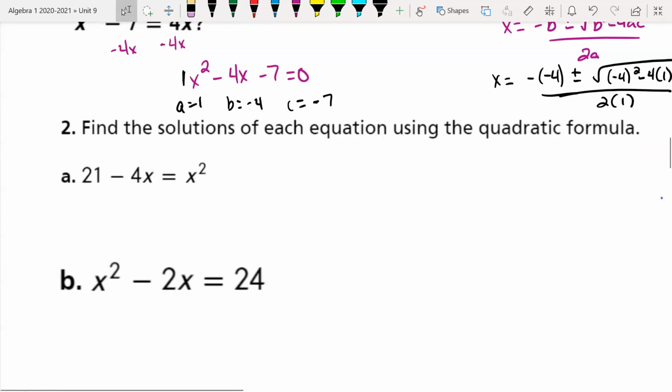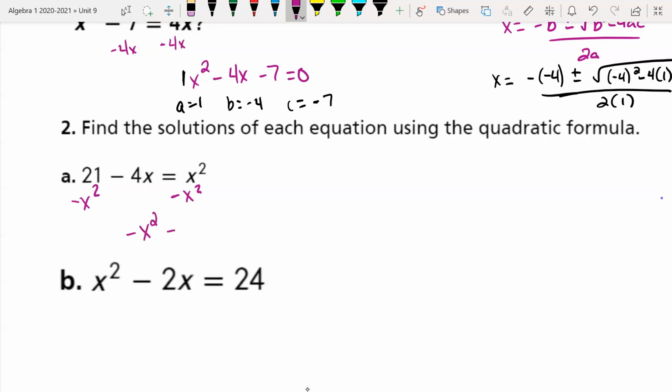So I want you to pause the video and try these next two problems by yourself. Find the solutions of each equation using the quadratic formula. Hopefully on this one, I'm going to subtract x squared. You could move everything to the right side, it's kind of up to you.